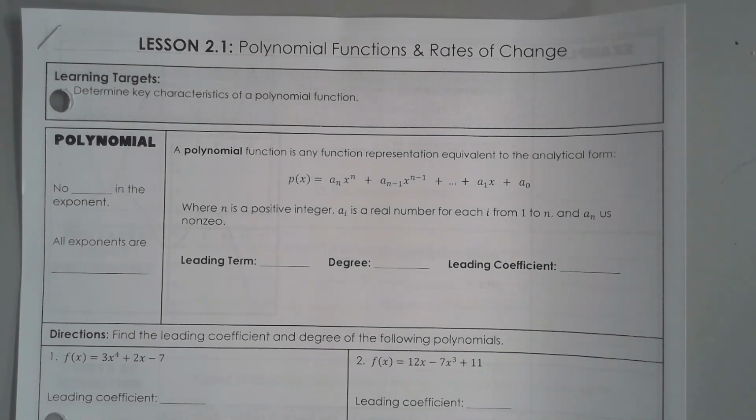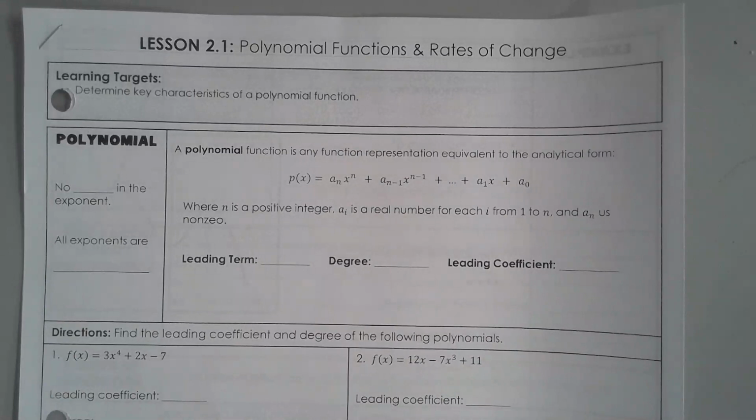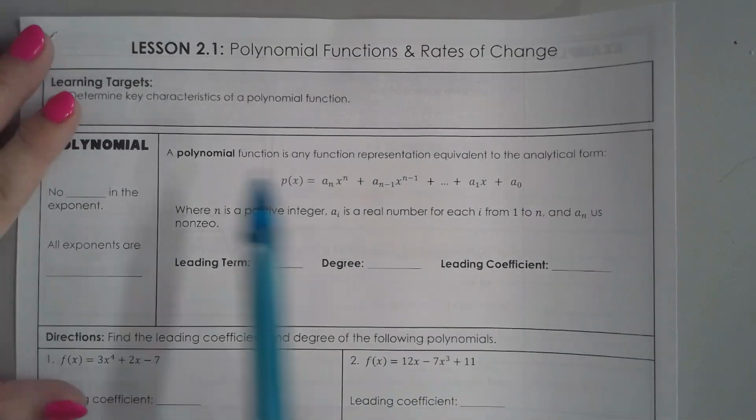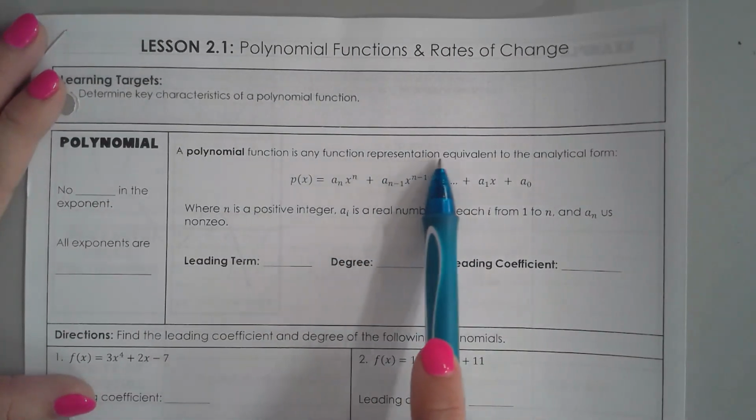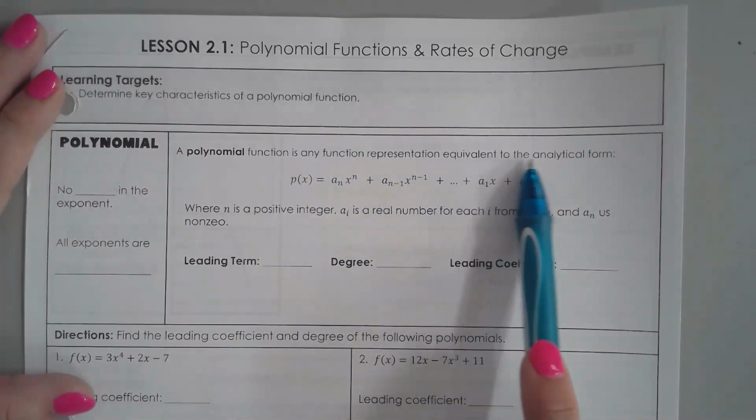We're going to be doing a lot with polynomials, but we won't spend a whole day talking about naming them. We'll move a little faster than that. So a polynomial, here's the formal definition, and it looks really complicated and ugly, but a polynomial function is any function representation equivalent to the analytical form.